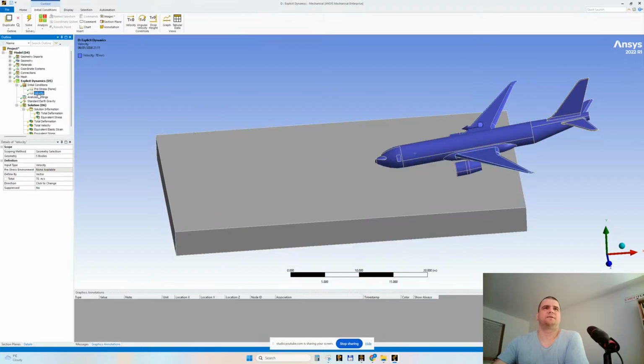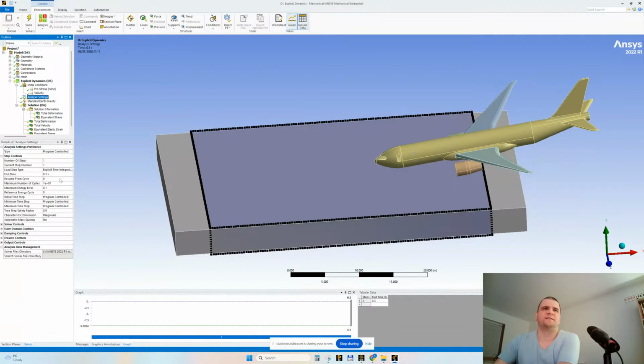Let's a little increase the velocity. Maybe make it 100. 100 multiplied with 3.6 equals 360 kilometers per hour. A little, an accidental landing, okay? Because what I would like is to decrease a little the end time.